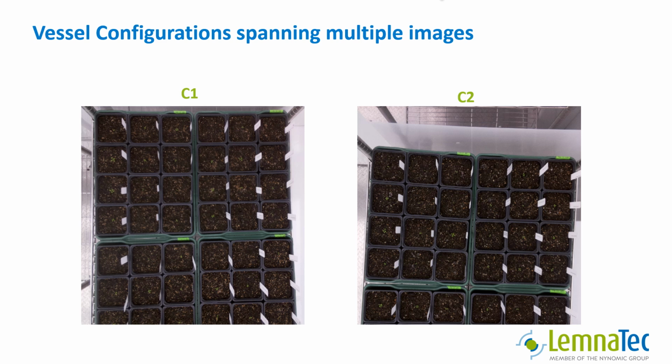Hence, we have to split this individually between the camera positions. The names of the wells are similar to the repeating case. However, since we have a different amount of plants in each image, we may have names like C1A1 to C1F6, but C2A1 to C2D6, and so on.